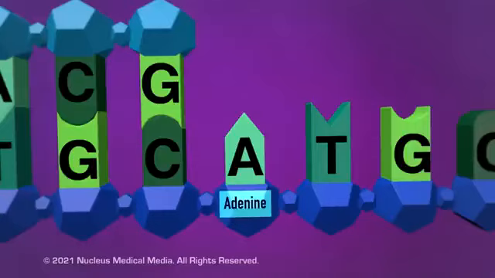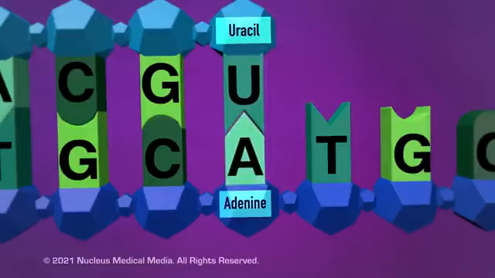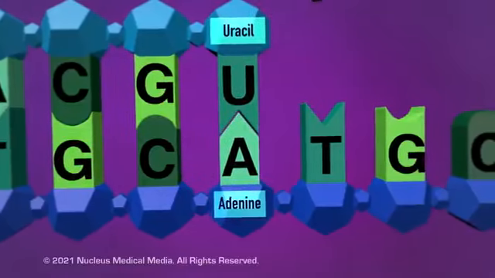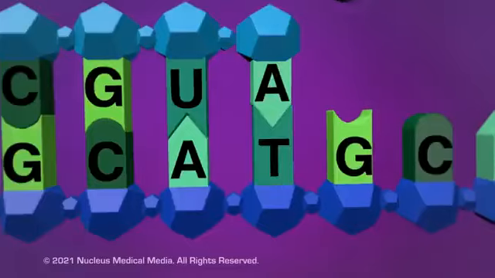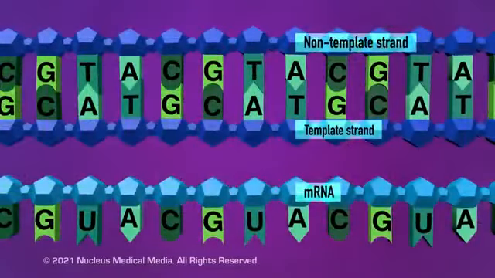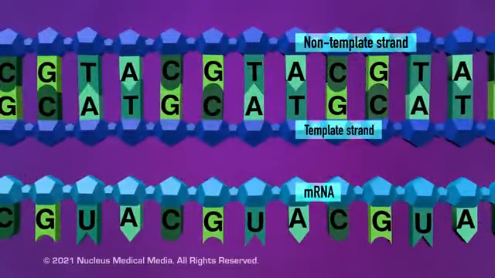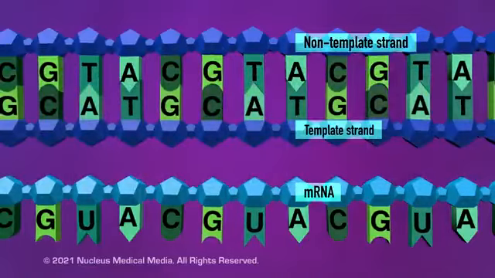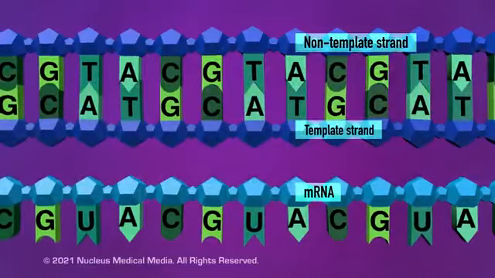So, whenever RNA polymerase sees adenine on the DNA template strand, it pairs adenine with uracil. By using the template strand of DNA as a guide, the genetic code from the non-template strand of DNA has actually been transcribed into messenger RNA.